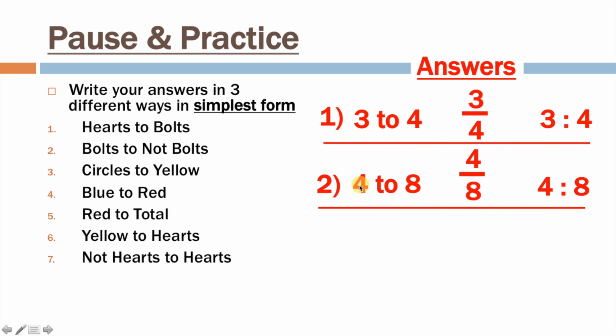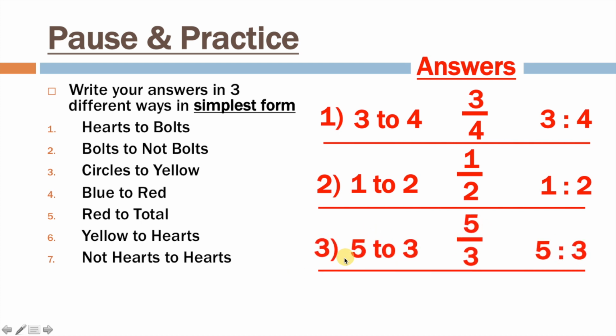And 4 divided by 4 is 1, and 8 divided by 4 is 2. Therefore, this will become 1 to 2, which means this will be 1 over 2, and this will be 1 colon 2. Number 3, 5 to 3, 5 over 3, 5 colon 3. Number 4, 5 to 4, 5 over 4, and 5 colon 4.